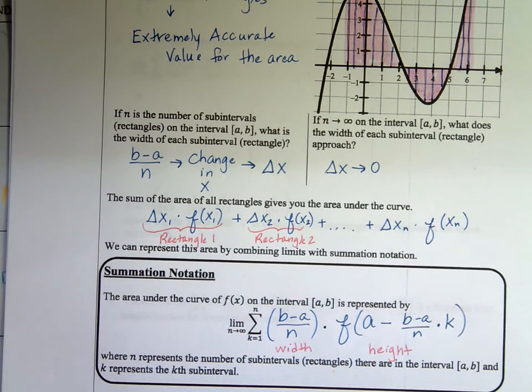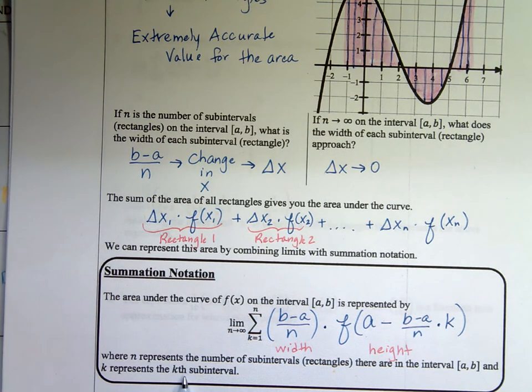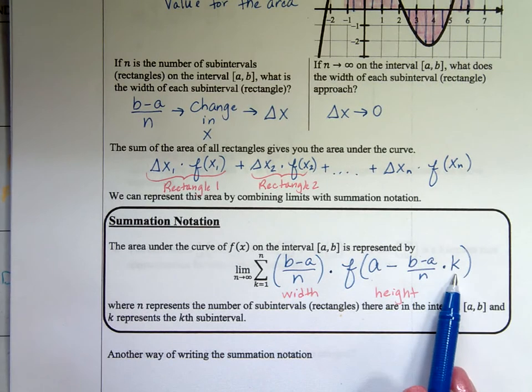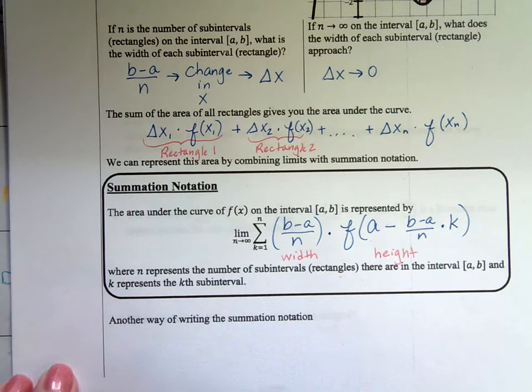Here n represents the number of rectangles, subintervals, and there's an interval from a to b, and k represents the kth subinterval, whichever subinterval you're in. So subinterval 1, subinterval 2, subinterval 3, whatever that might be. So another way of writing this summation notation is this way.